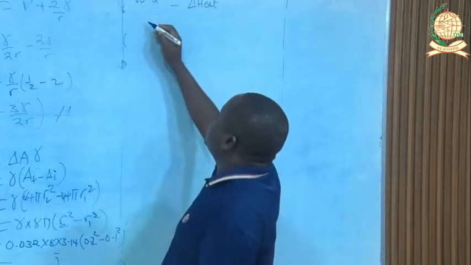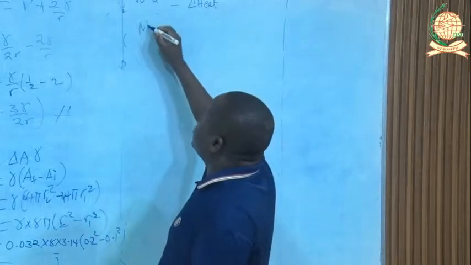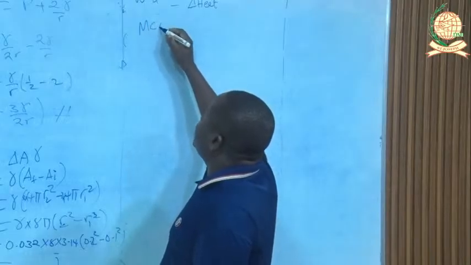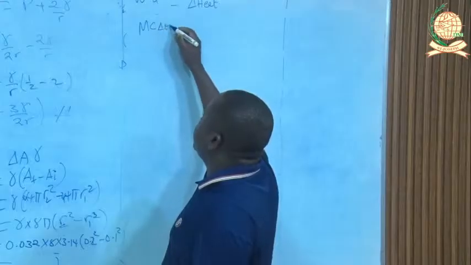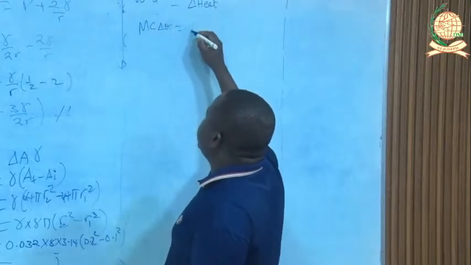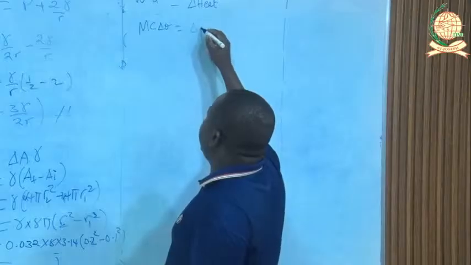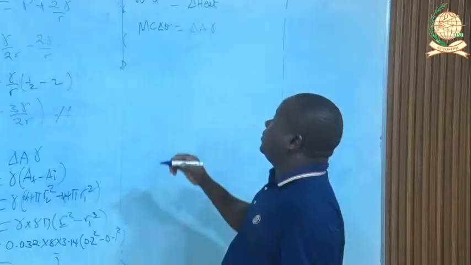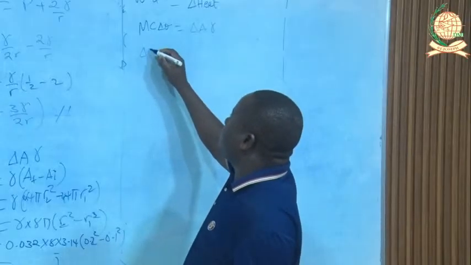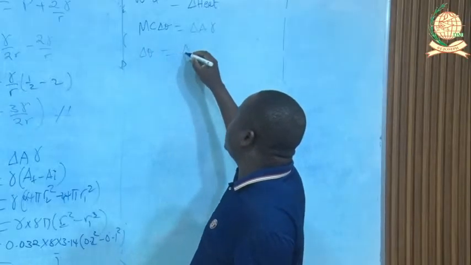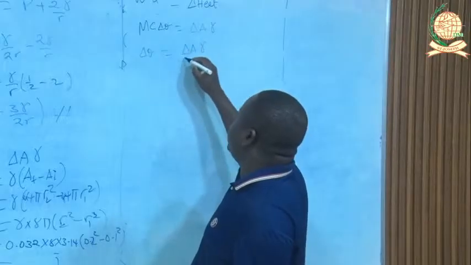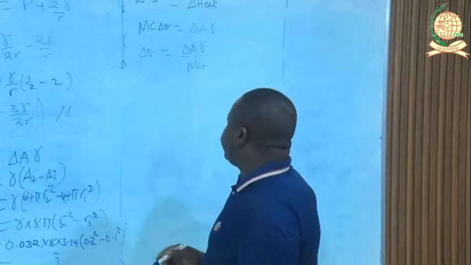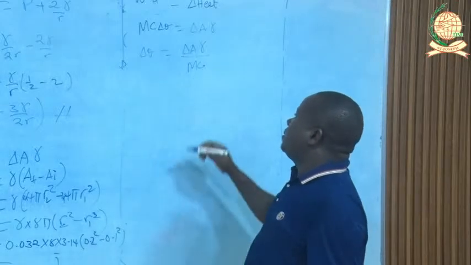This heat is equal to mass times specific heat capacity times change in temperature, which equals the work done, which is equal to change in area times the surface tension. So to find the change in temperature, this is equal to change in area times surface tension over mC.